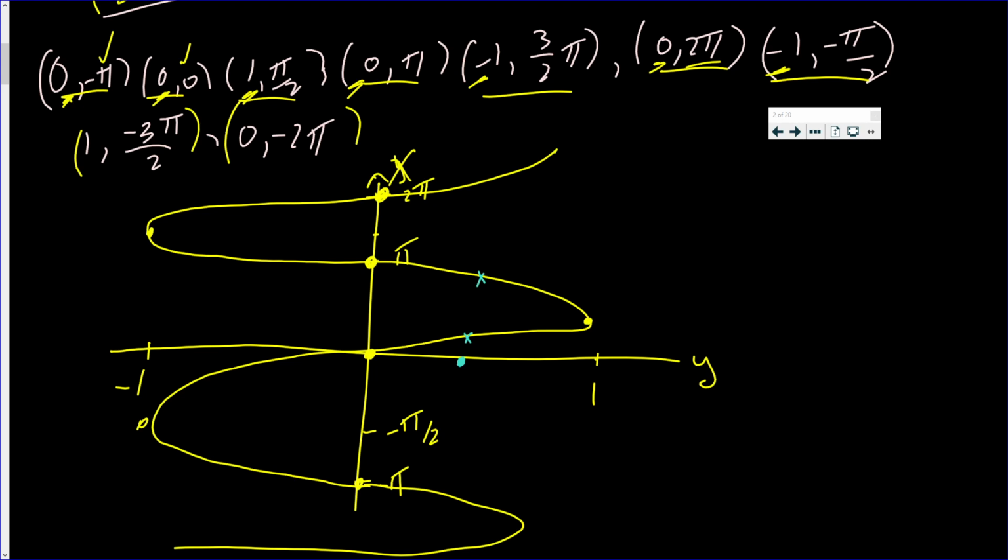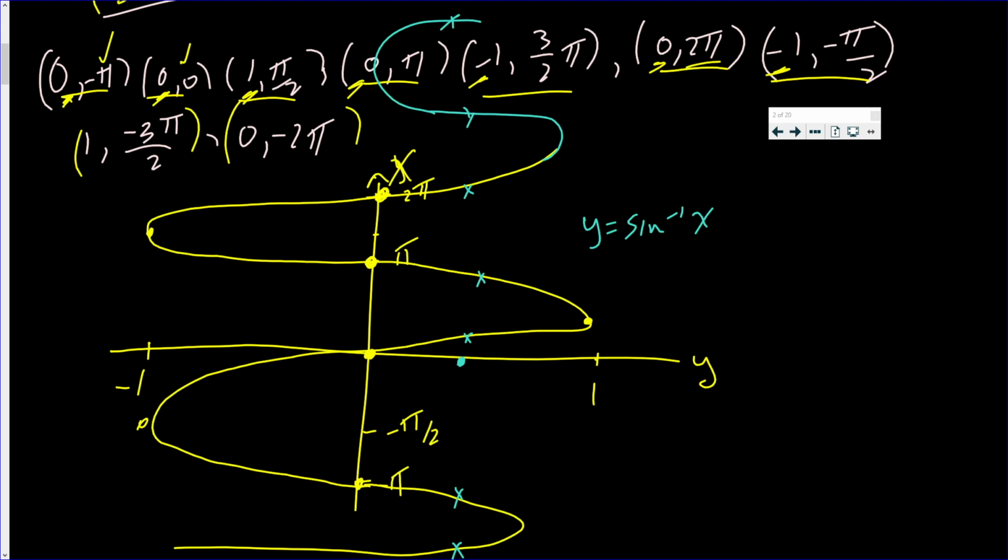Well, I'm getting back multiple answers. Remember, this goes up forever. It also goes down forever. This is not our function. This is y equals the sine inverse of x, except it's not a function.